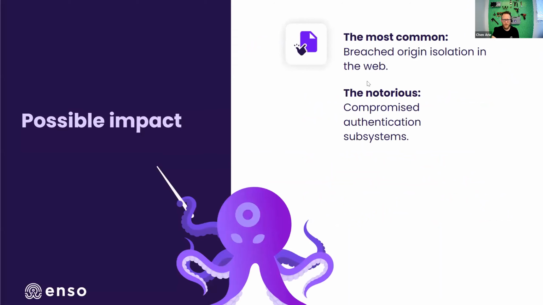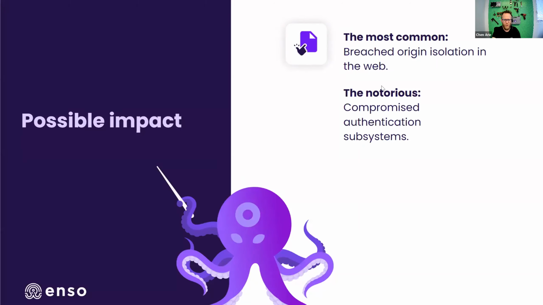The most common impact of such a scenario would be that the origin is not isolated properly anymore, and that now it's very similar to cross-site scripting or CORS misconfiguration. You have a problem in protecting your origins from other internet origins, meaning that another origin can either script your website or interact with it, consume and create resources in it.